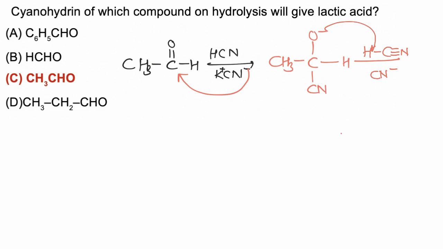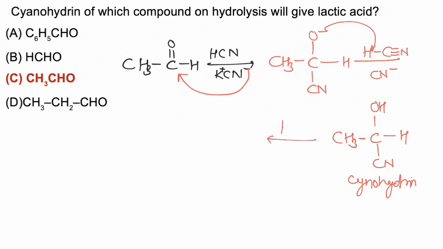Now it is converted to CH3CH(OH)CN. Now this molecule is called cyanohydrin. Now cyanohydrin on further hydrolysis in acidic medium will form CH3CH(OH)COOH and H. Now this molecule is called lactic acid.